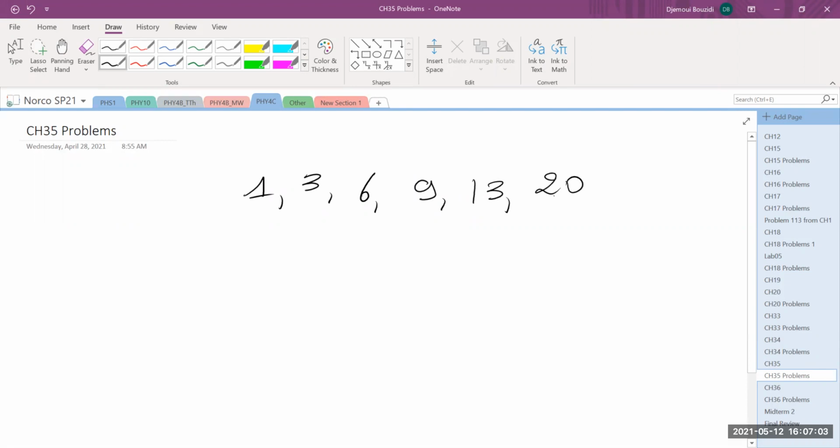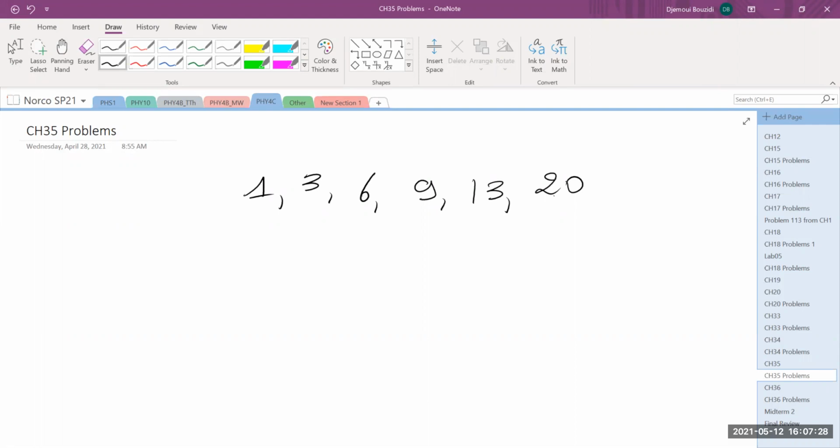Depending, we may even do problem 32 on the LIGO, or problem 34. Okay, so let's get going with these problems in here.